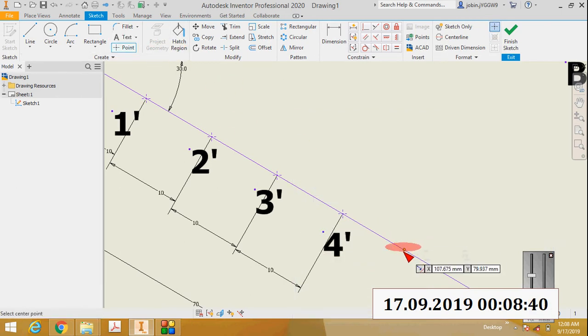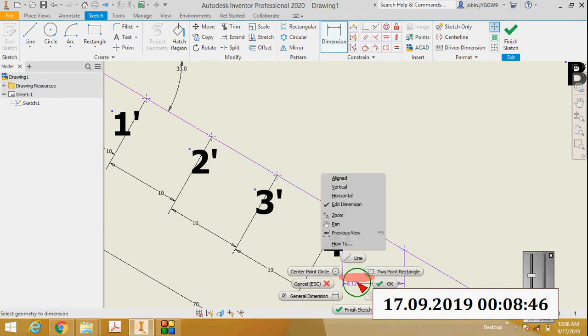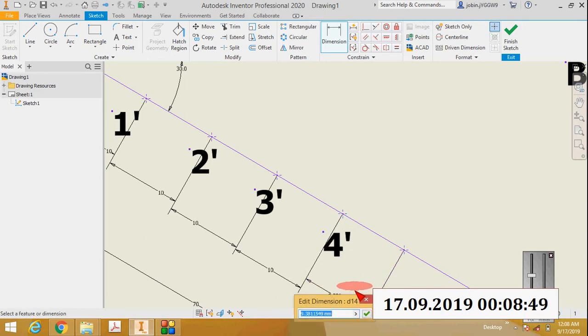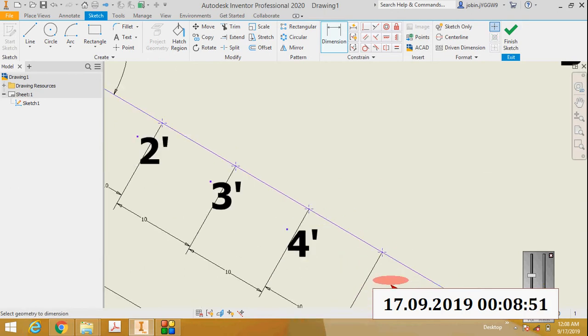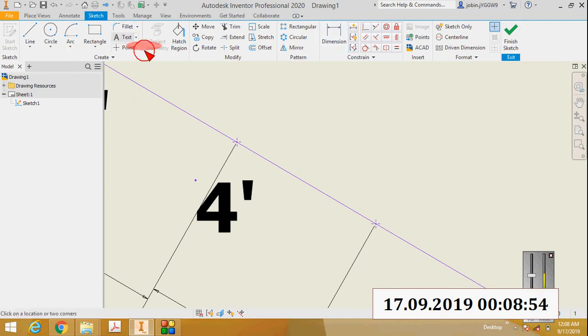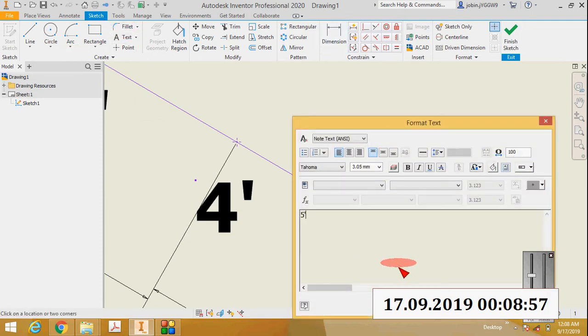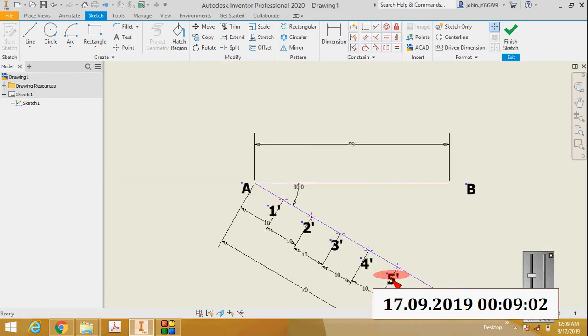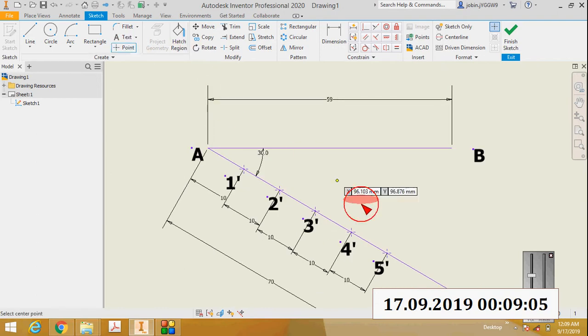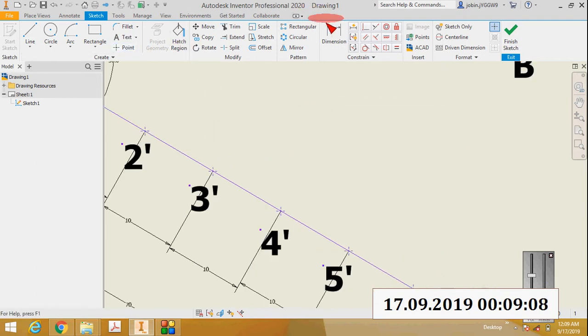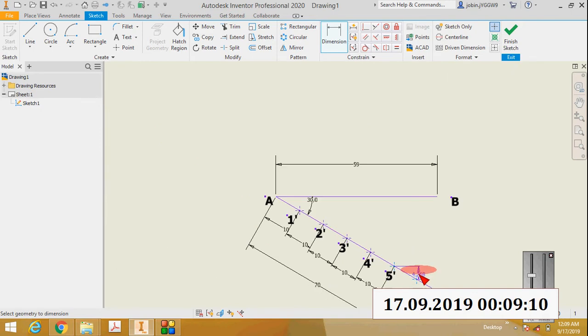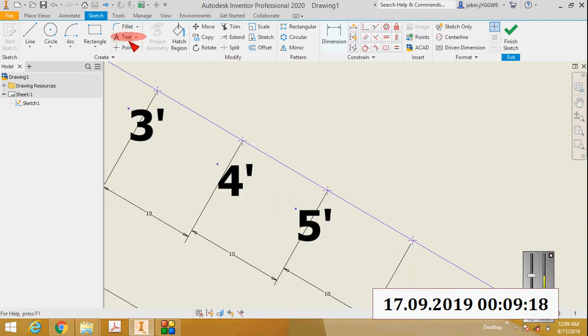Then mark another point. Again this distance is 10 millimeter, and name this point as 5 dash. Then mark the next point, and this distance is again 10 millimeter, and name this point as 6 dash.